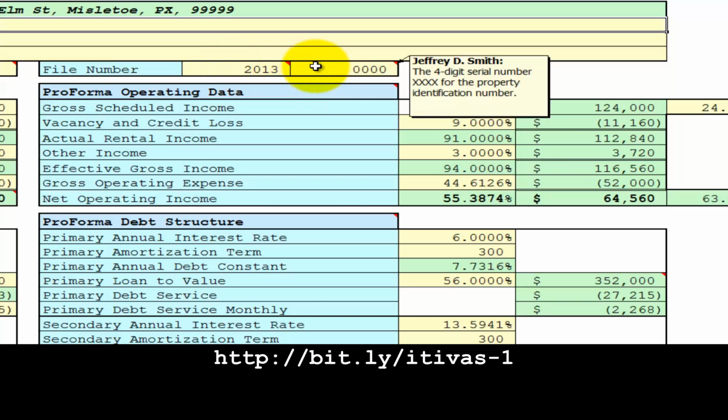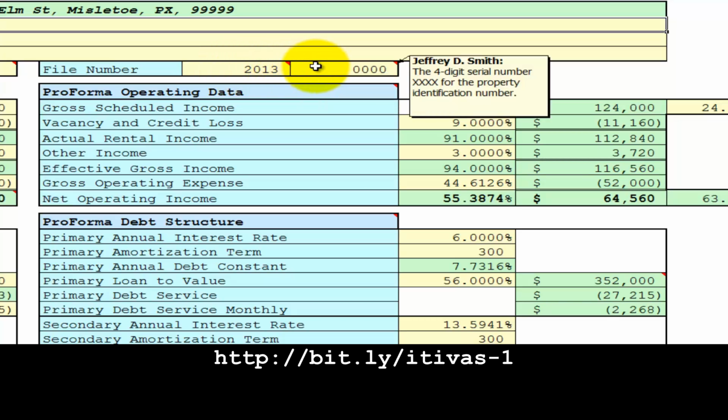On the current debt structure, this is information you've obtained from the property owner: the annual interest rate, the current loan balance, current monthly debt service for the first and second position financing.